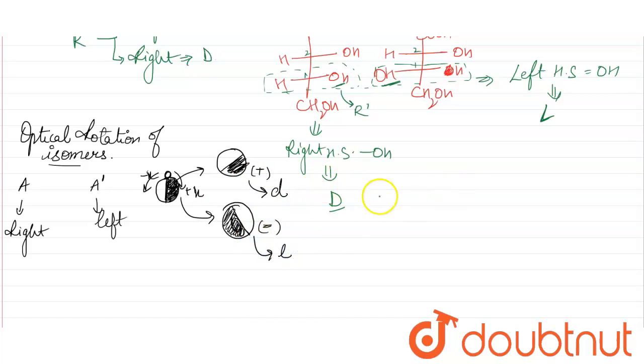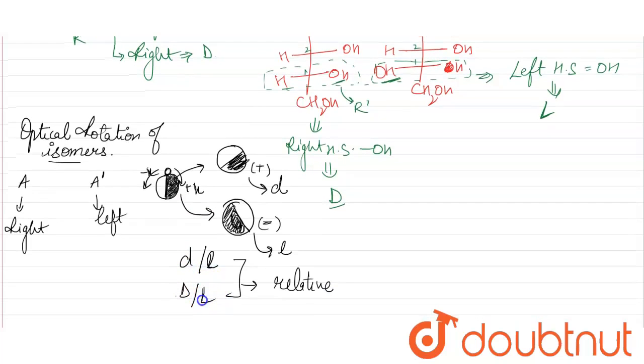One more thing: these D's and L's, both capital L and capital D and small l and small d, are relative quantities. We cannot name an individual isomer as capital D; we always need a counter isomer to name it D and L. For example, consider two twins, brothers or sisters.